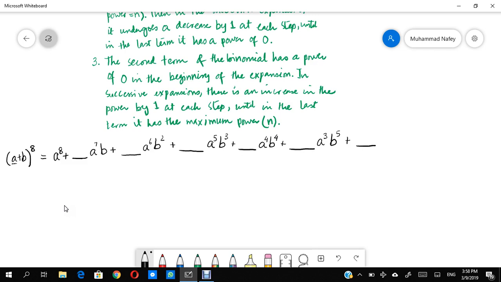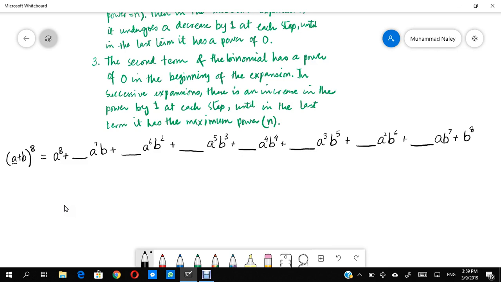Add a squared b to the power of 6. Add a b to the power of 7. Add b to the power of 8. So this is how you are going to arrange the powers in any binomial expansion.